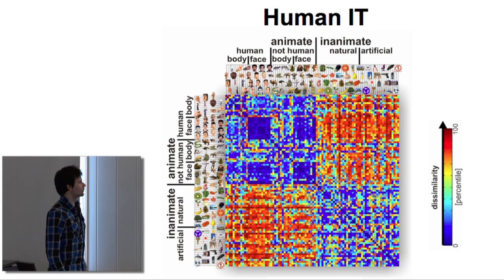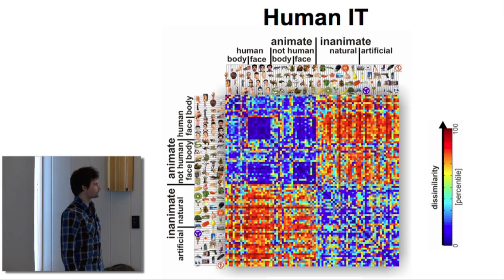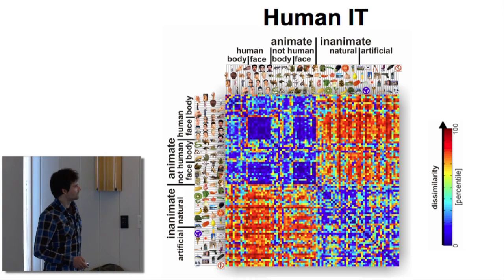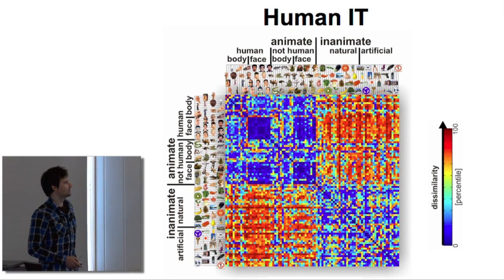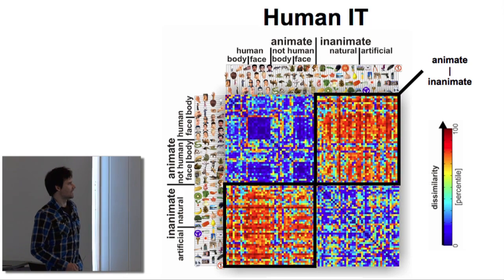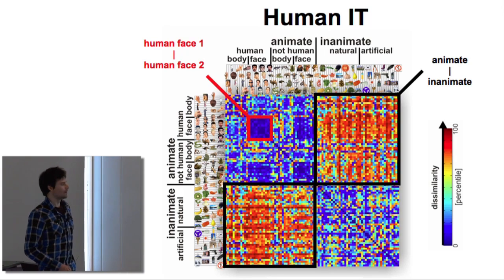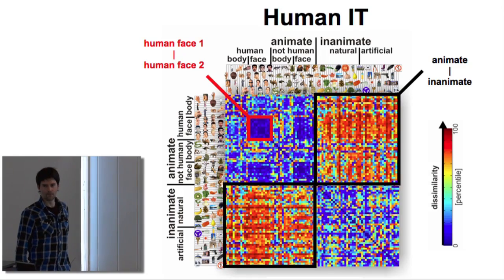And this is what it looks like for a human IT measured with fMRI with 2 millimeter voxels. So as you can see here, there are some things that are immediately obvious. When one of the images is animate, the other is inanimate, then the dissimilarity tends to be large. When both images are human faces, then the dissimilarity tends to be very small, right?